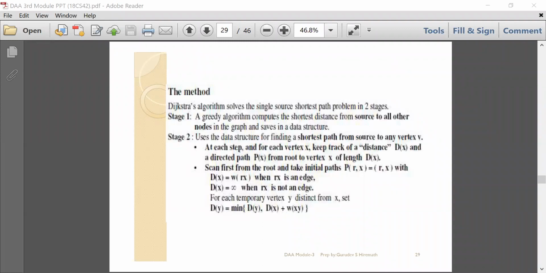At each step and for every vertex X, keep track of the distance d of X and the directed path P of X from a root to vertex X of length d of X. Scan first from the root and take the initial path, that is P of Rx equal to Rx with d of X equal to W of Rx when Rx is an edge, and d of X equal to infinity when Rx is not an edge.